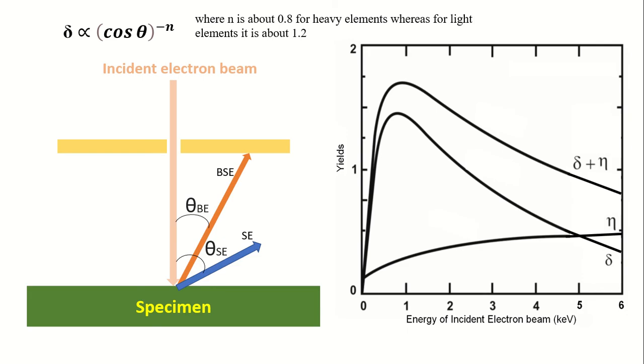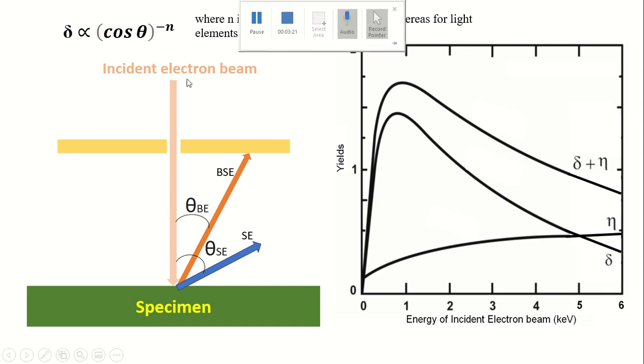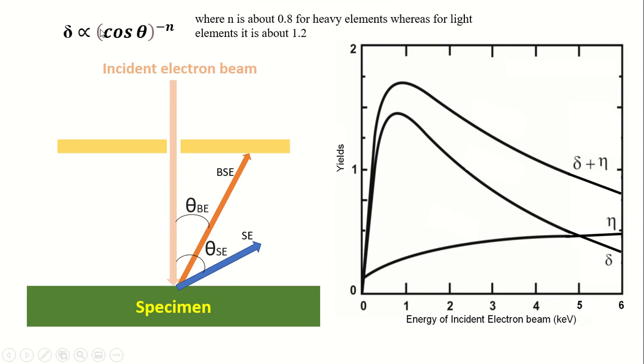So this secondary electron yield is proportional to cos theta to the power minus n, where n is about 0.8 for heavy elements, whereas for light elements it is about 1.2.